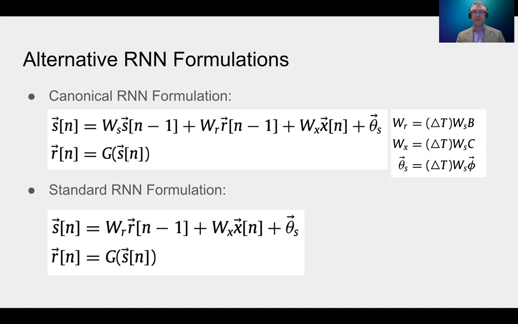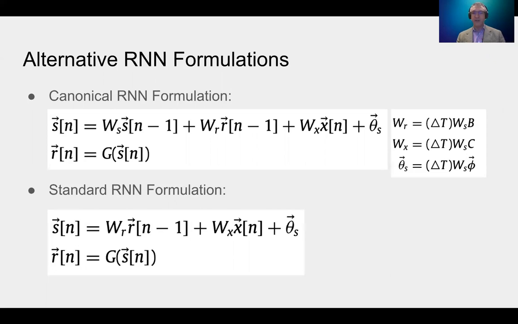We call this first formulation canonical because the value of the state vector at the current step depends on the unwarped version of the state vector at the previous step. We will use this canonical formulation later to logically evolve the recurrent neural network architecture into the long short-term memory network architecture.